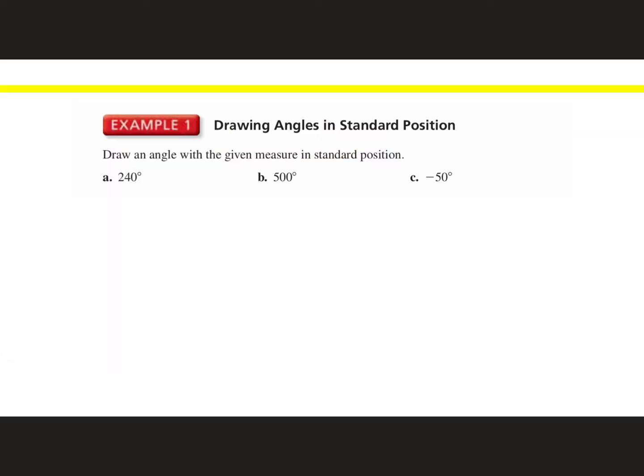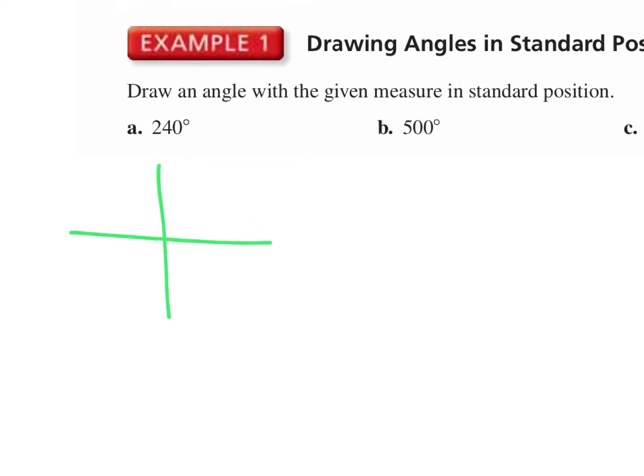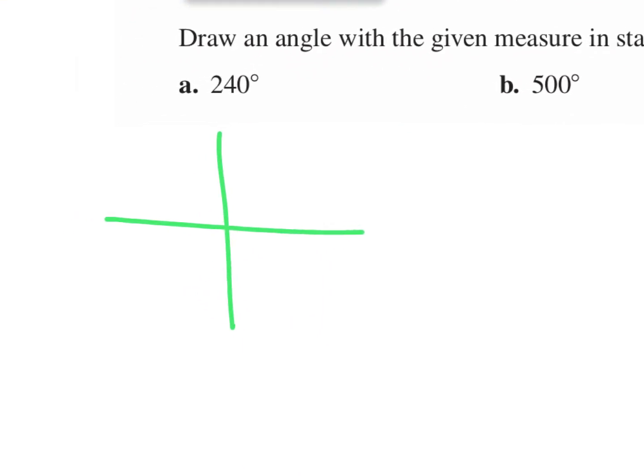Let's do some examples. So here we're just drawing an angle with the given measure in standard position. For each one of these, we want to draw our coordinate plane. One thing I forgot to mention on the last page: this is 90 degrees. We know that this is a 90 degree angle, so up top would be 90 degrees.